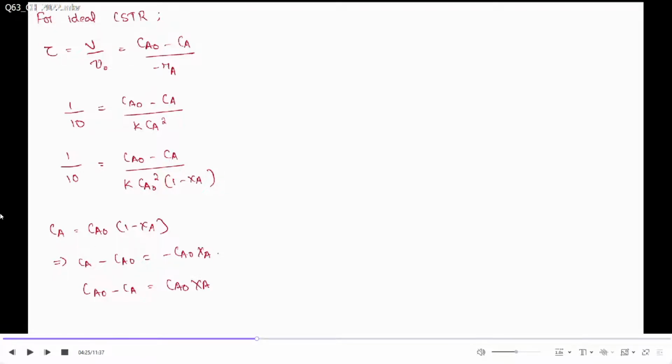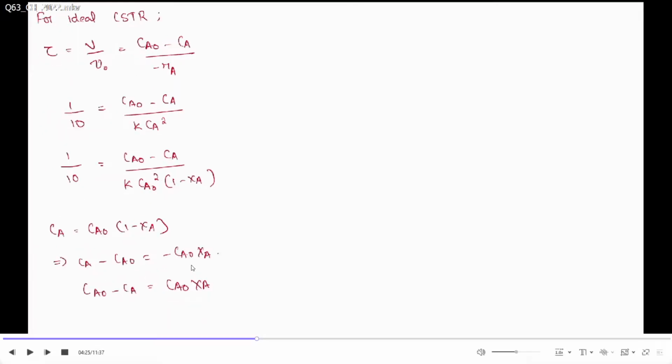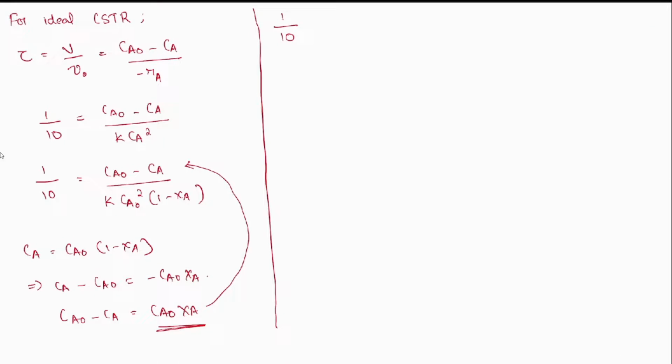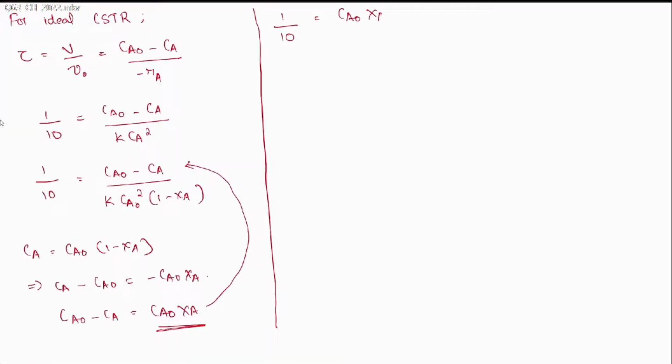Rewriting the equation, 1 by 10 is equal to Ca0 Xa divided by K Ca0 squared into 1 minus Xa, the whole squared.